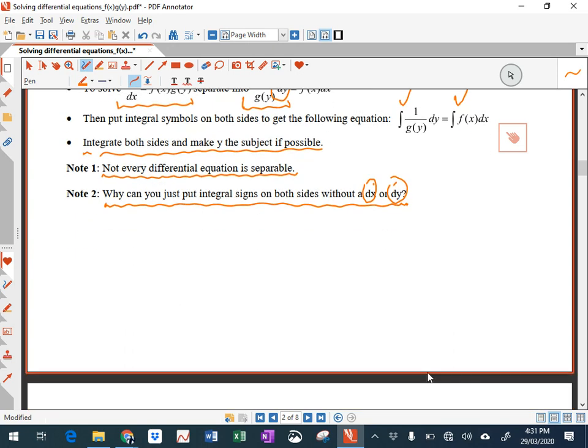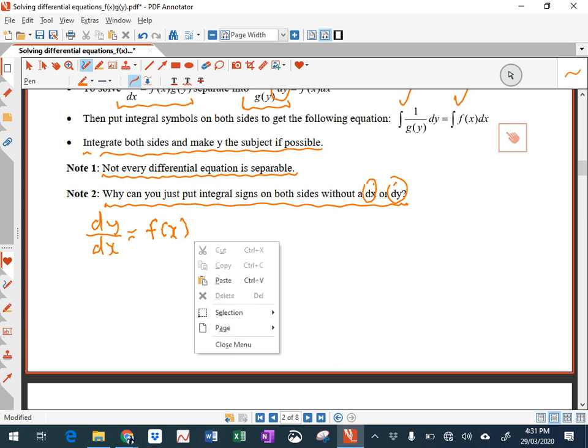Okay, so let's just say you had dy/dx equals f of x g of y. What I would be doing here is integrating both sides with respect to x.